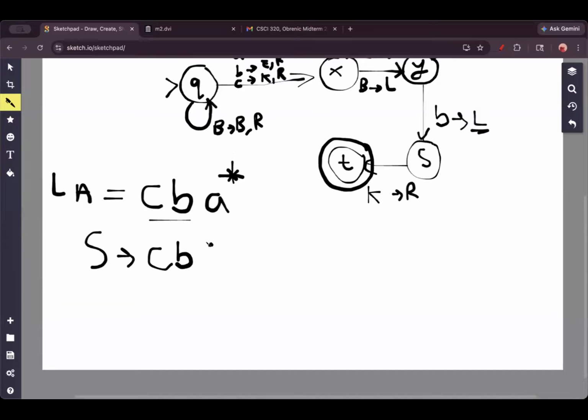I think she doesn't like lowercase letters that look like uppercase letters. So you could do something like D, and then D can go to D A, or lambda.